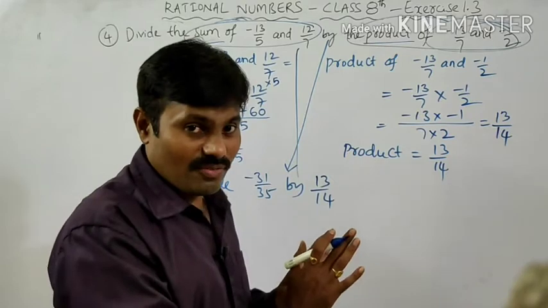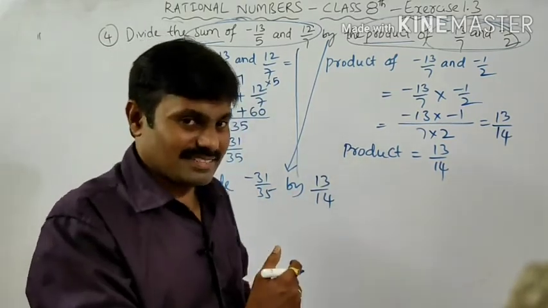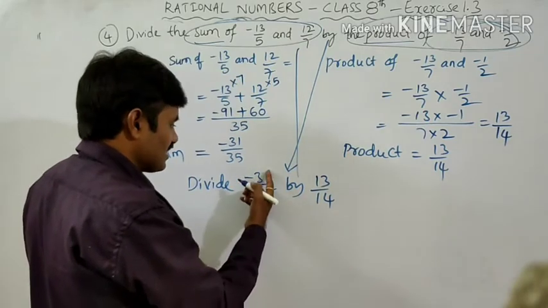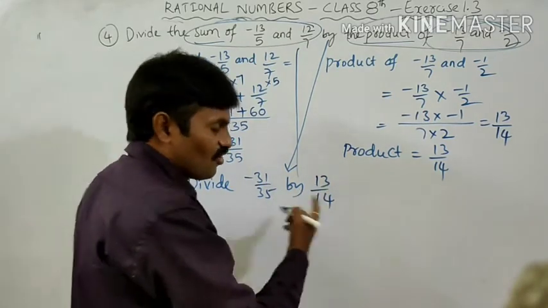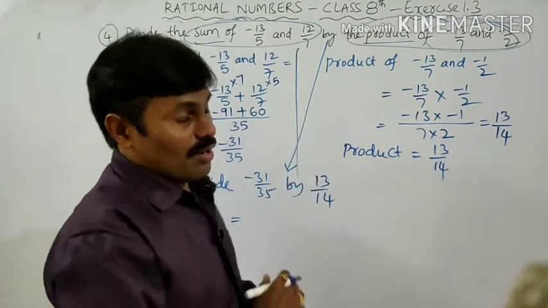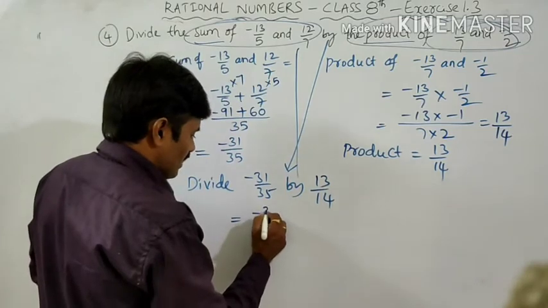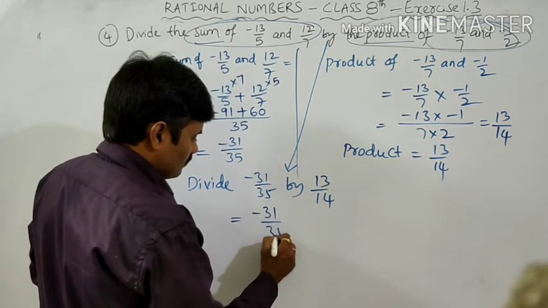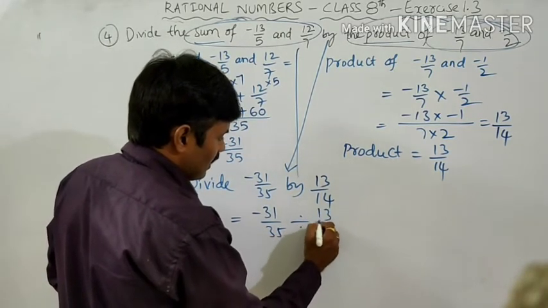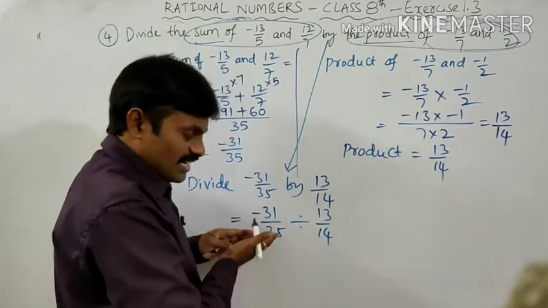We know that our immediate task is to divide minus 31 by 35 by 13 by 14. Then the solution of the problem will be complete. That is, minus 31 by 35 divided by 13 by 14. Actually we should write step by step.